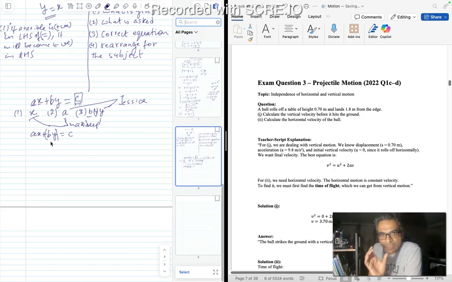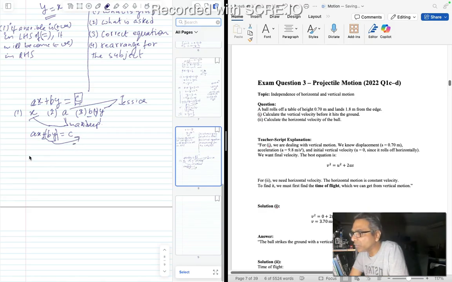Whatever the product, we can put it as it is on the other side just by looking at what the sign is. If it is positive, we can put the whole thing on the other side with a negative sign. So now this is what I'm doing: ax equals c minus by.